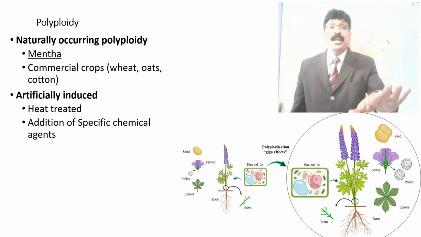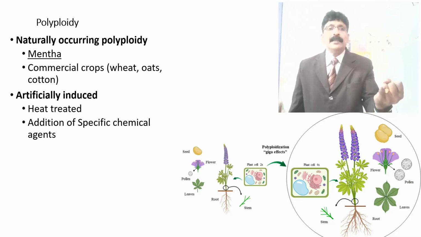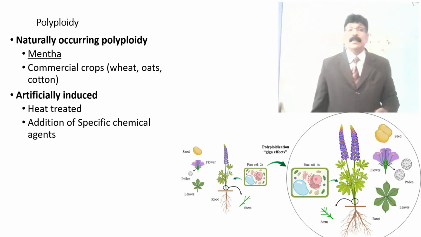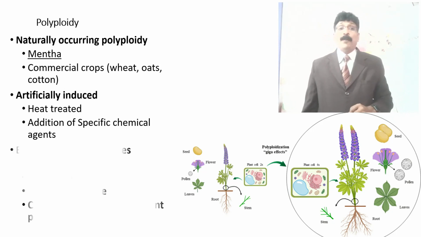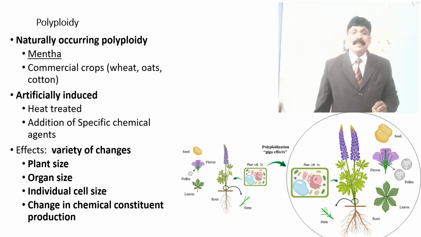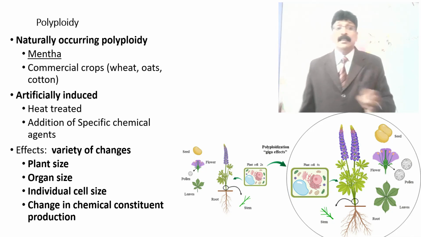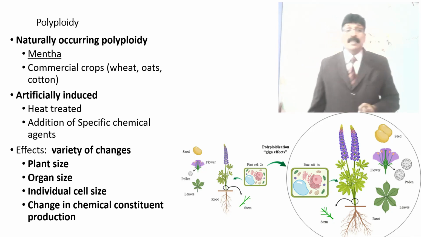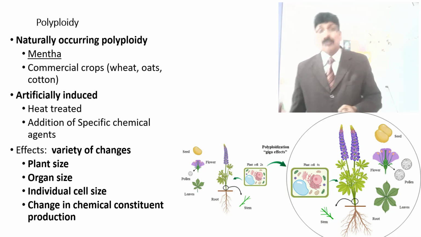Artificially induced by heat treatment, addition of specific chemical agents, polyploidy can also be done. Effects of polyploidy: varieties of changes, plant size, organ size. In the picture we can show the shoot system changes, individual cell size, change in the chemical constituent production.